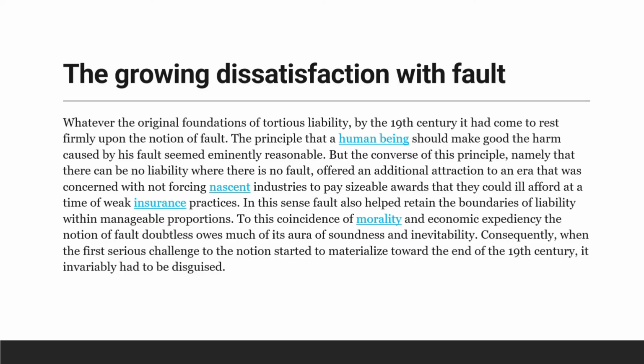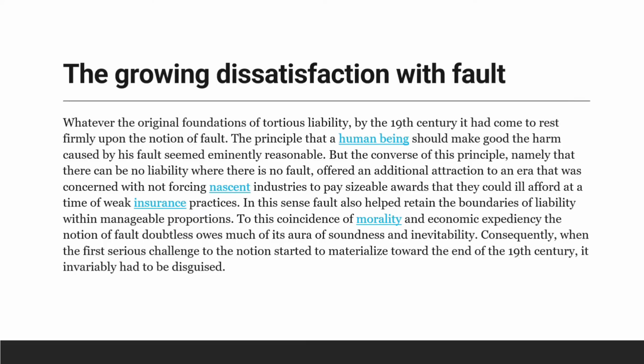Whatever the original foundations of tortious liability, by the 19th century it had come to rest firmly upon the notion of fault. The principle that a human being should make good the harm caused by his fault seemed eminently reasonable.